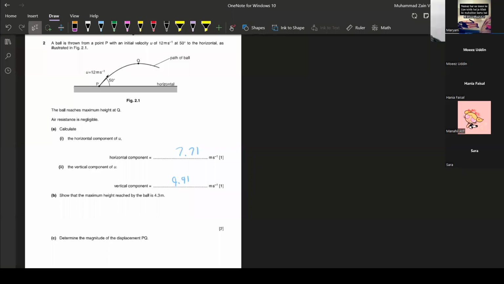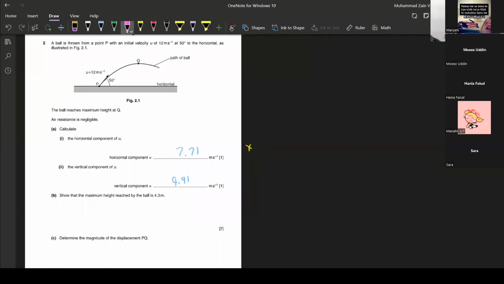They're just asking me about the maximum height, like how far above the ground the ball goes. So that's just the vertical component. For this, I don't need the horizontal component because they're just asking me about the vertical height. So I use this vertical component and I find the maximum height. There are multiple formulas which I could use for this.